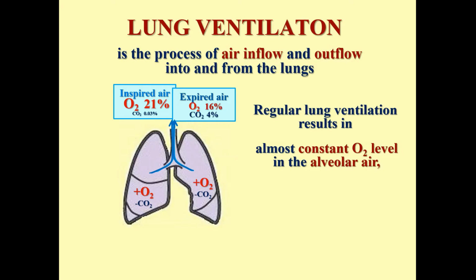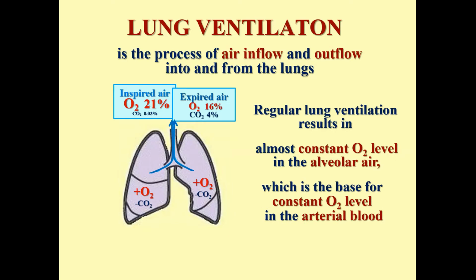The variability between the composition of air after inspiration and after expiration is very little, less than 1% normally. So this is the base for constant oxygen level in the arterial blood. Regardless of whether it is a time of inspiration or expiration, arterial blood quality remains unchanged and blood contains enough oxygen to bring oxygen to the body.